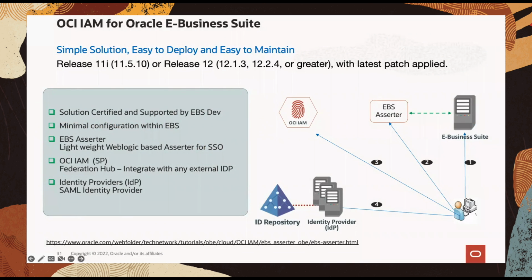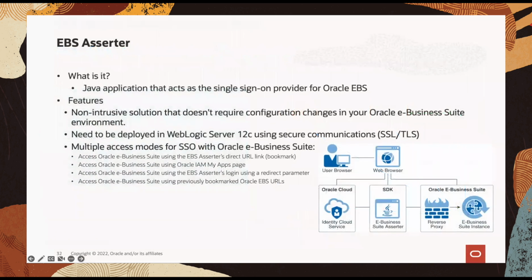To do single sign-on with the Oracle IAM domain, we need a component called an EBS Asserter. The EBS Asserter is a lightweight Java application sitting on top of the EBS SDK, which runs on top of the WebLogic server. This needs to be deployed on an Oracle WebLogic server instance. If you ask me, what is the need for an EBS Asserter?